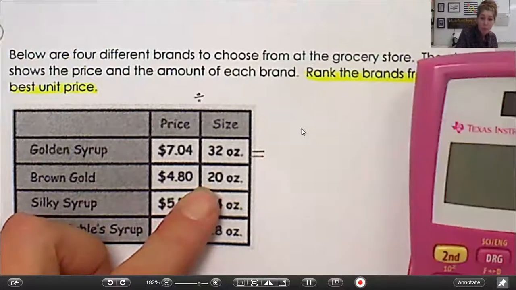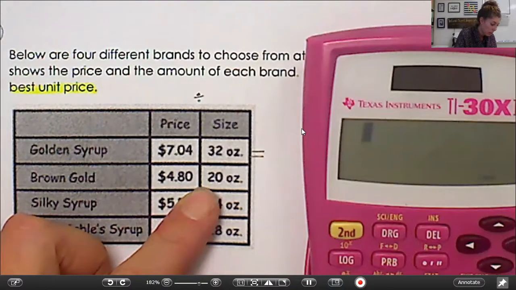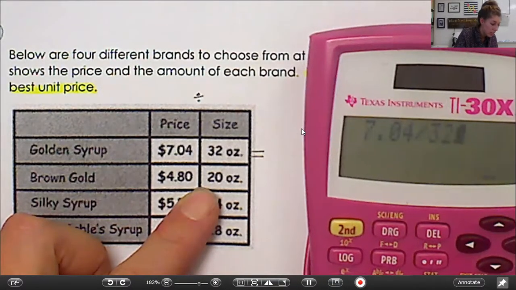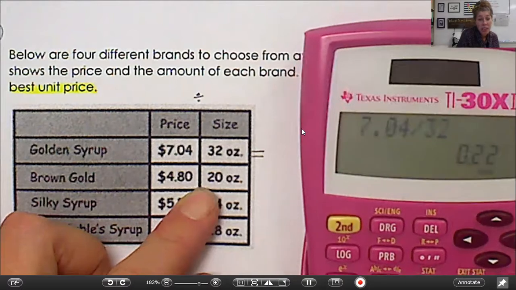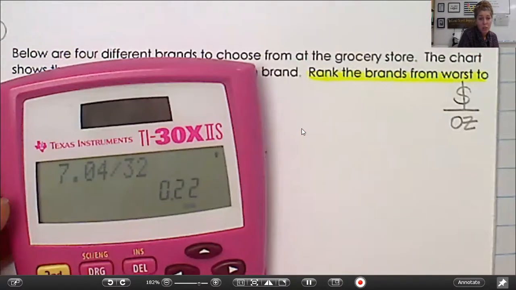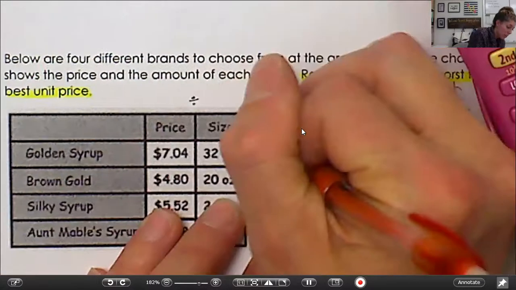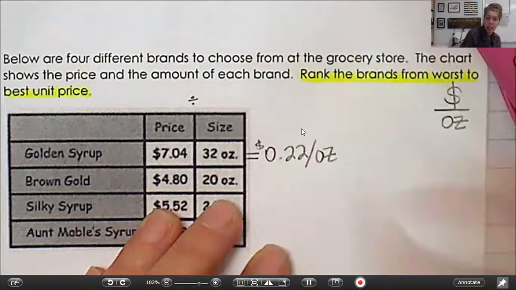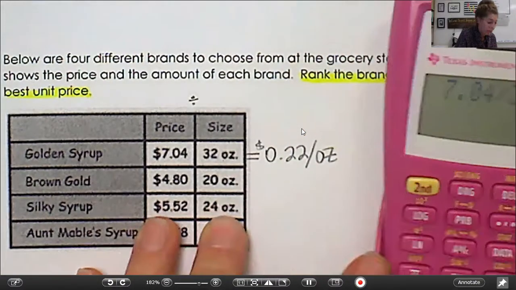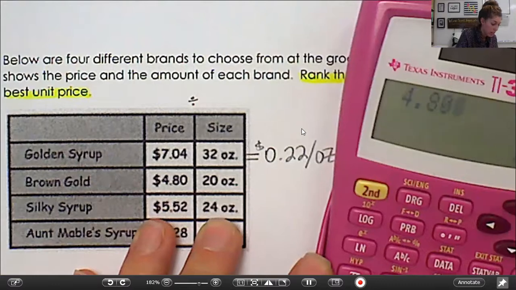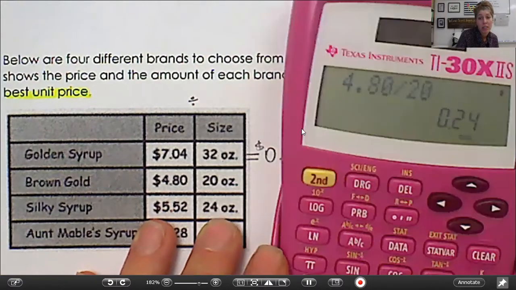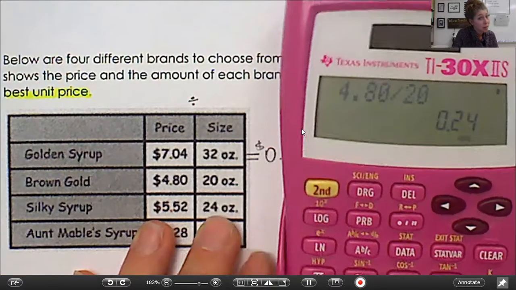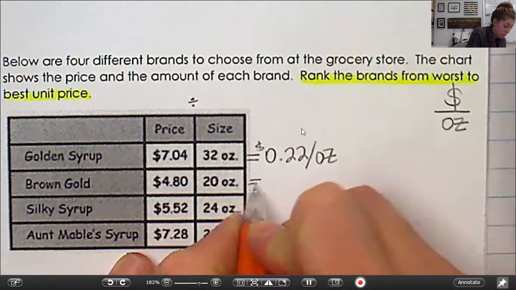Here we go. $7.04 divided by 32 ounces tells me that I'm paying 22 cents per ounce. That's not too bad. Right? $4.80 divided by 20 ounces. I'm paying 24 cents an ounce.